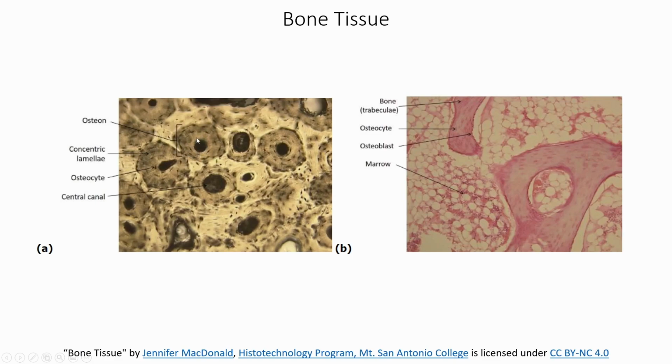That middle dark circle is actually the central canal, and what we find in the central canal is things like blood vessels and nerves. It contains major vessels going through those osteons. That's why we say we have direct blood flow. We're vascular because blood vessels run right through these middle circles.